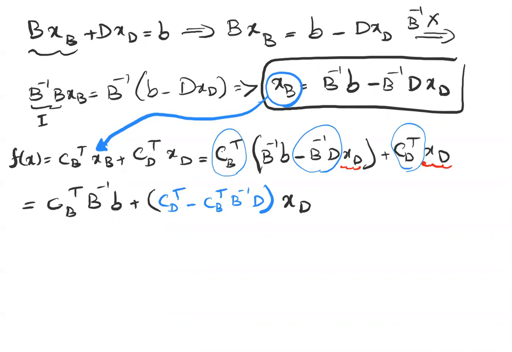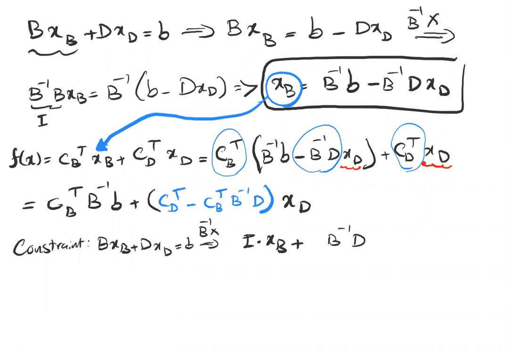All right, and what's going to happen for the constraint? So this is our objective function. What happens to the constraint? The constraint was B X_B plus D X_D equal to b. We multiply it by B inverse from the left. So we have I multiplied by X_B plus B inverse D X_D is equal to B inverse b.